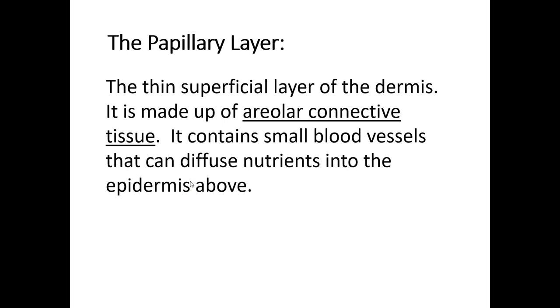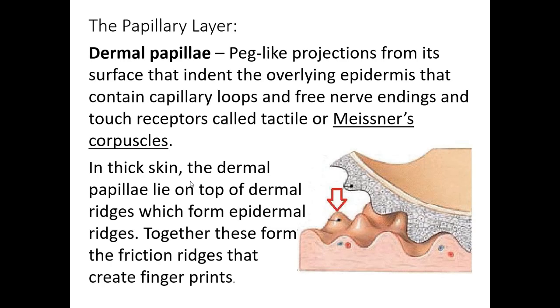The papillary layer is the thin superficial layer of the dermis. It is made up of areolar connective tissue. It does contain small blood vessels that allow the diffusion of nutrients to the epidermis above. The dermal papillae that I mentioned a moment ago are peg-like projections from the surface of the papillary layer.